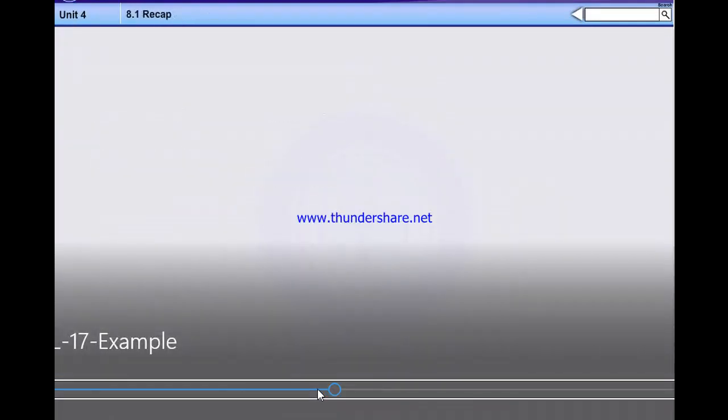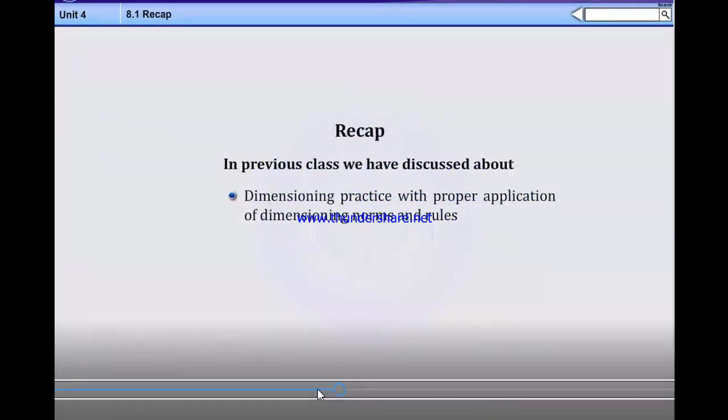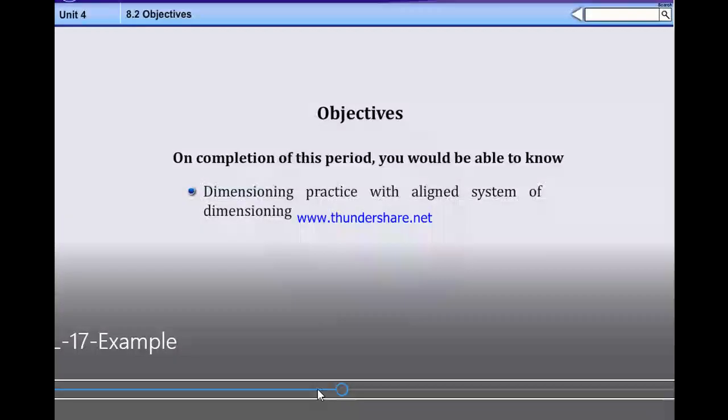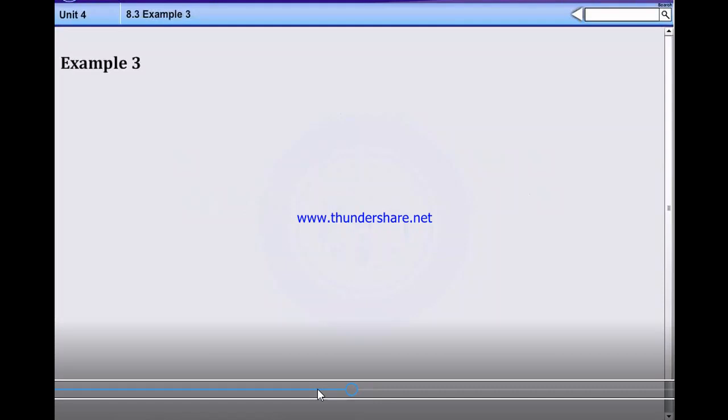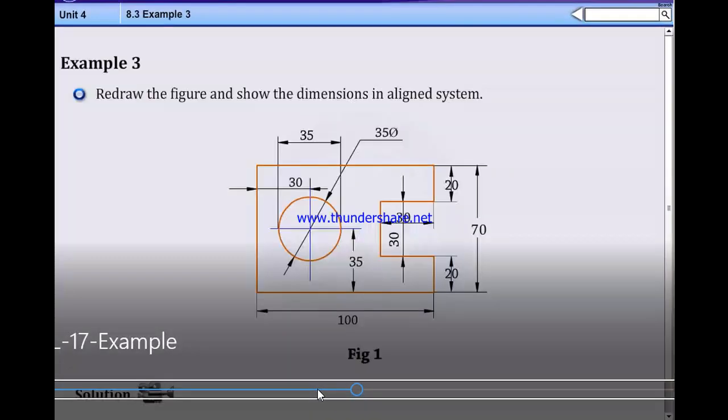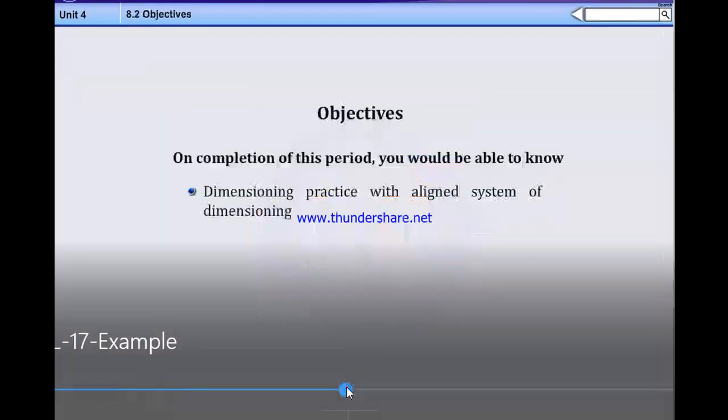One more example. After completion of this example, we will be able to know the dimensioning practice with the aligned system of dimensions.